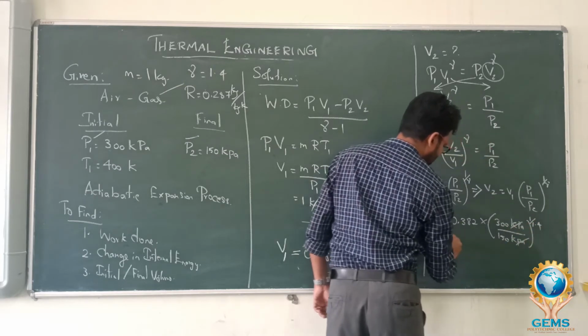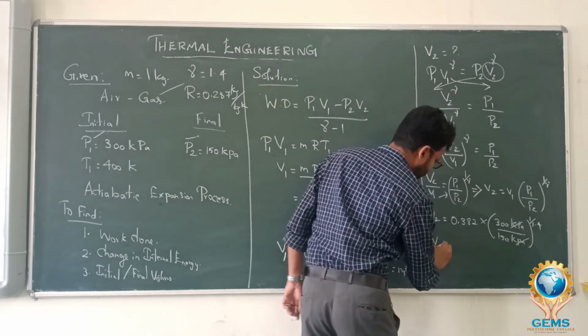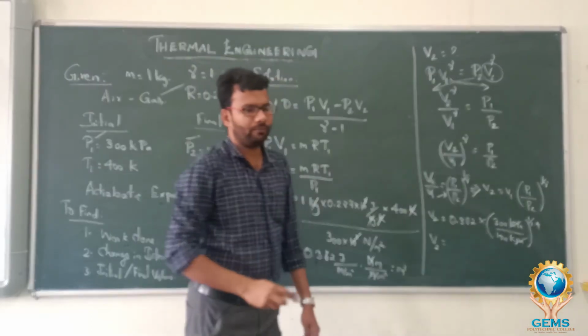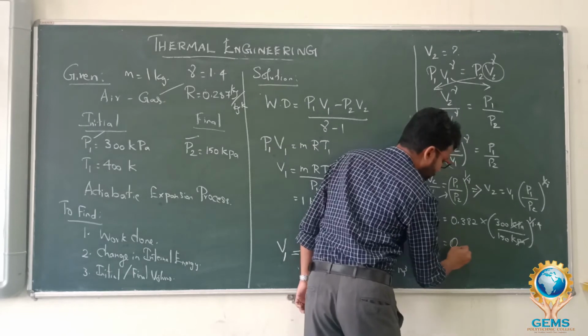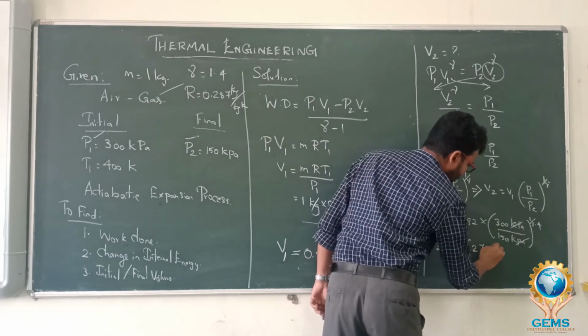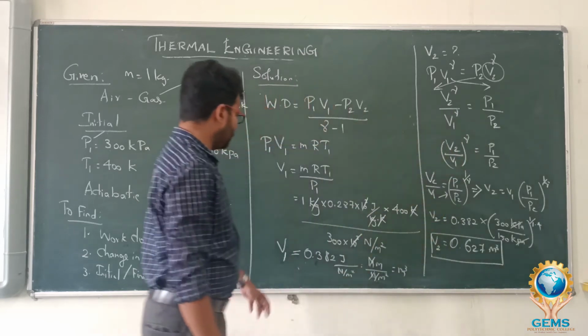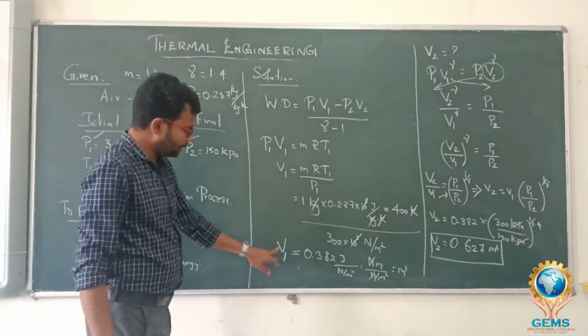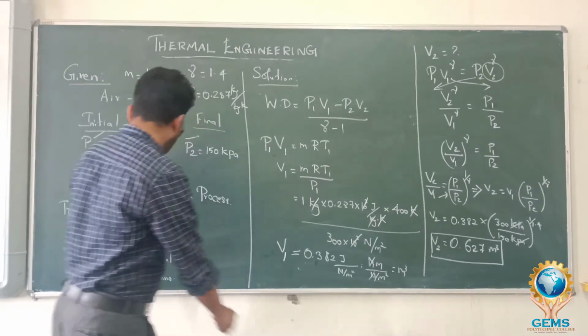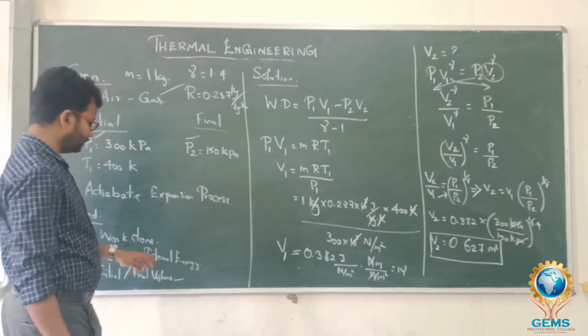Kilopascal and kilopascal cancel. What will be the answer for V2? It will be 0.627 meter cube. Now we have found V1 and V2, the initial and final volume.